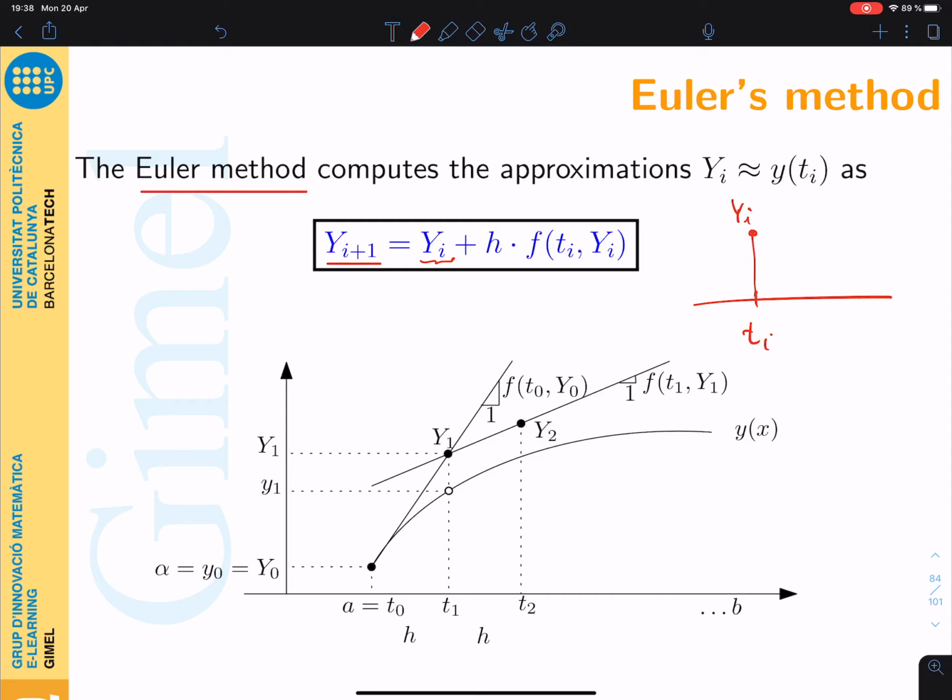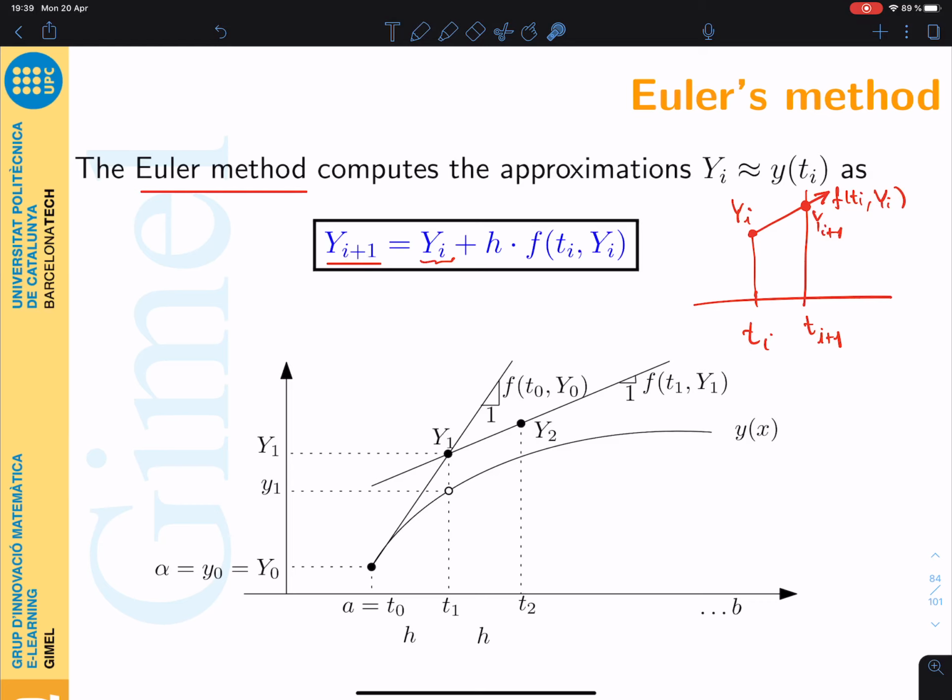It is yi. And from there, we can compute this vector, f of ti, yi. And using this information, we will define ti plus 1, the next one, and this value will be used as the approximation yi plus 1. That's the main idea. You have a much nicer plot here that tries to represent this. So this is Euler's method.